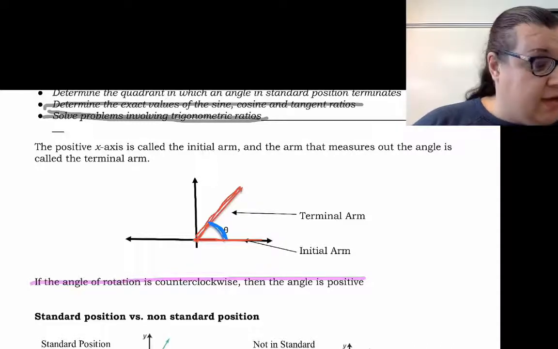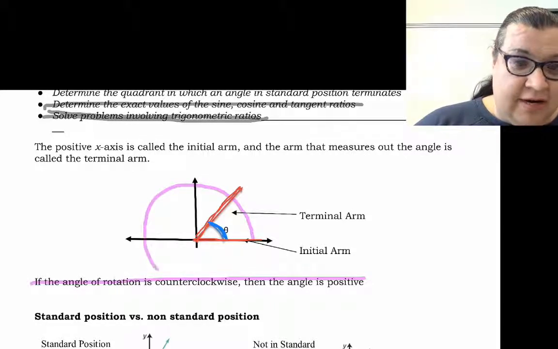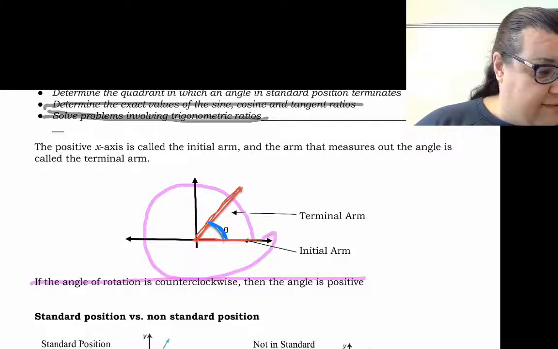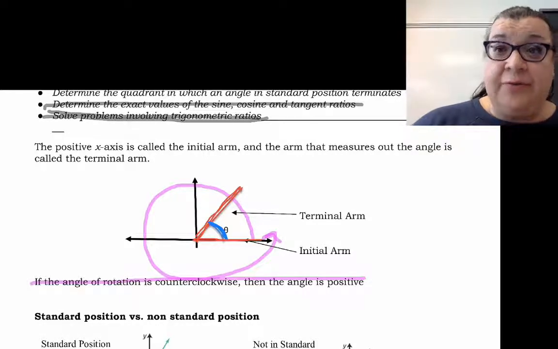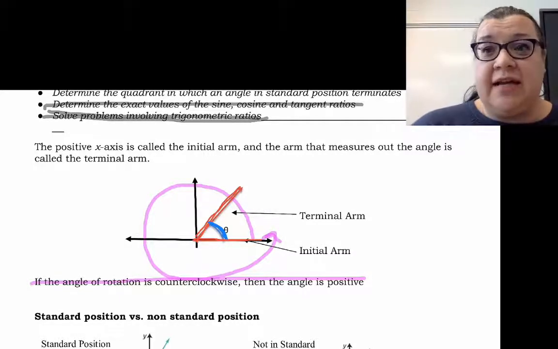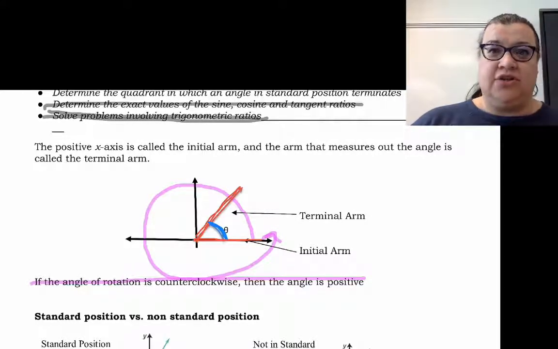However, when we go in a counterclockwise way, that means that the terminal arm goes in this motion, right? So around the x-axis in that way, then you have a positive angle. If we were to go clockwise, then we would express our angle as a negative. So kind of like we do in physics, where the sign is actually related to direction.